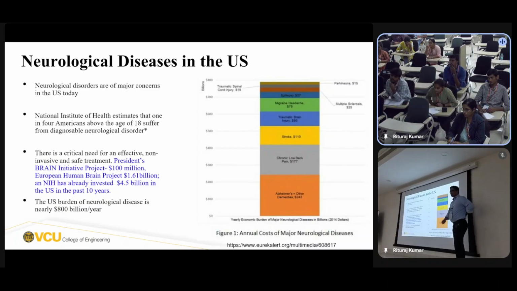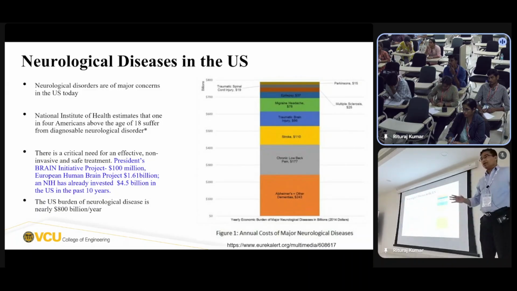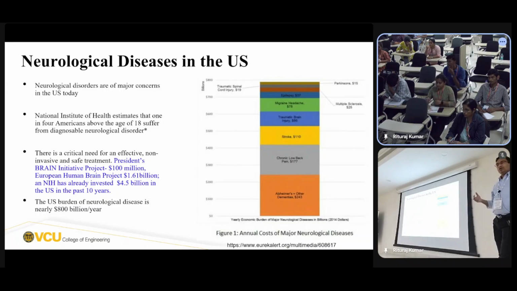Traumatic brain injury is 86 billion, and so on. So you get the idea. There is a lot of motivation, a real urgency to come up with a better understanding of the brain, hence better tools to treat brain disorders.